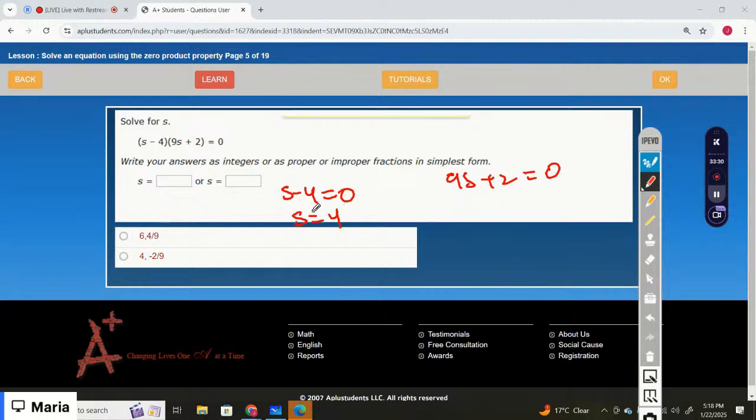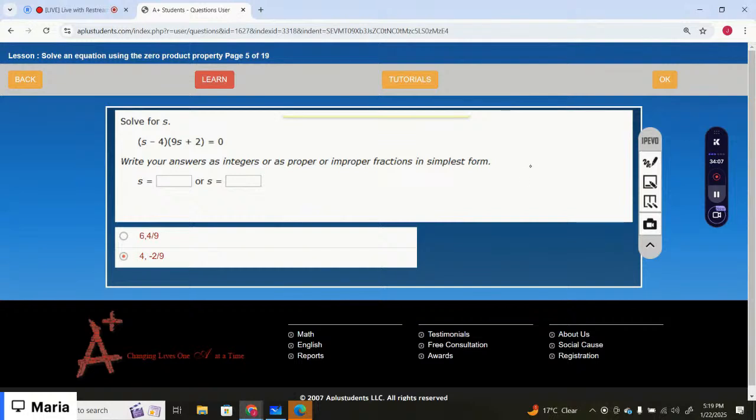So S equals 4, and 9S equals negative 2, so S equals negative 2 over 9. Option number 2 is the correct option. That is 4 and negative 2 by 9.